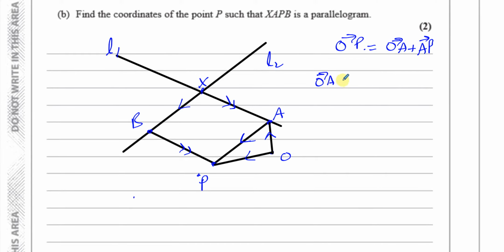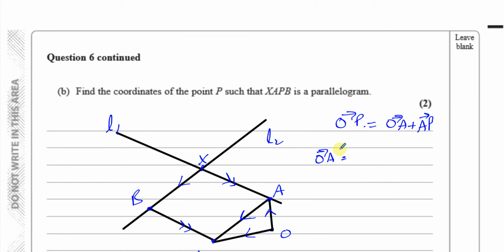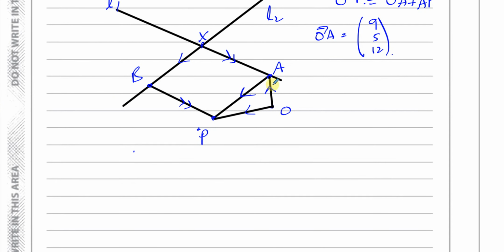O to A is the position vector of A, which was given to us as 9, 5, 12. Now what I need to find is the vector from A to P.